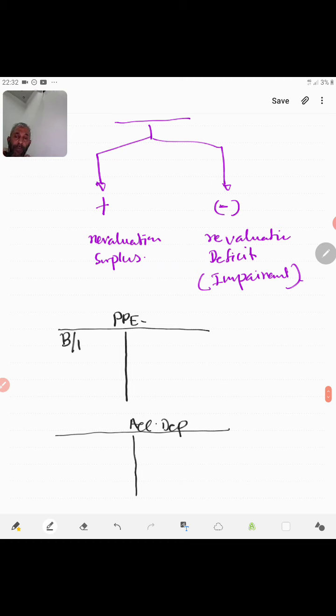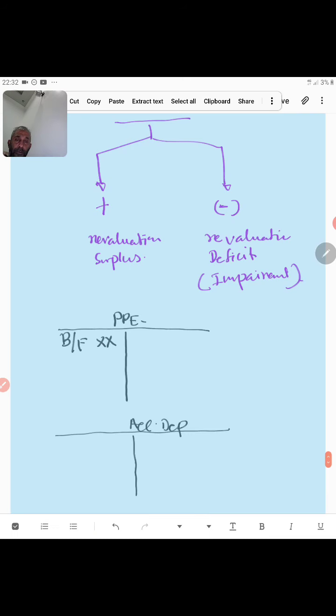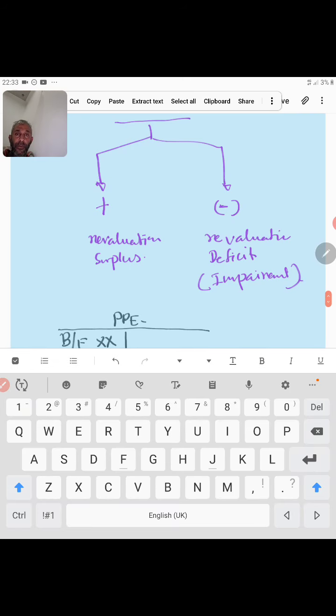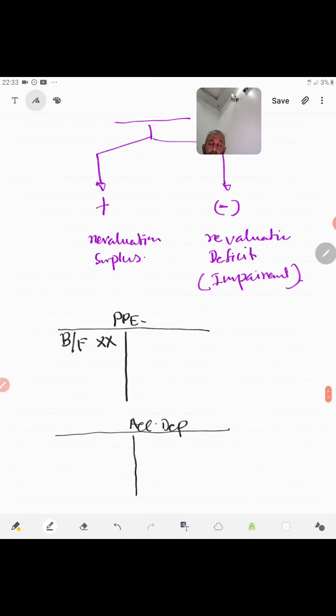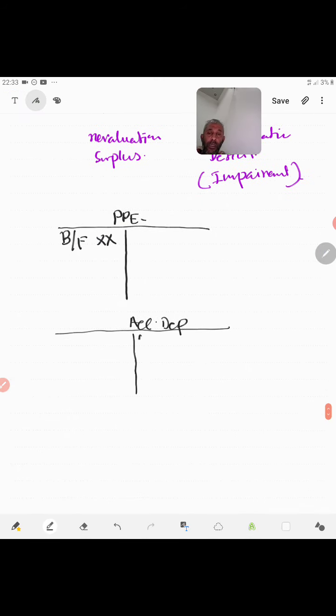So my opening balance, whatever the number I have here, and my opening balance, whatever the number I have here, and I'm carrying out the revaluation on 31st December 2017.